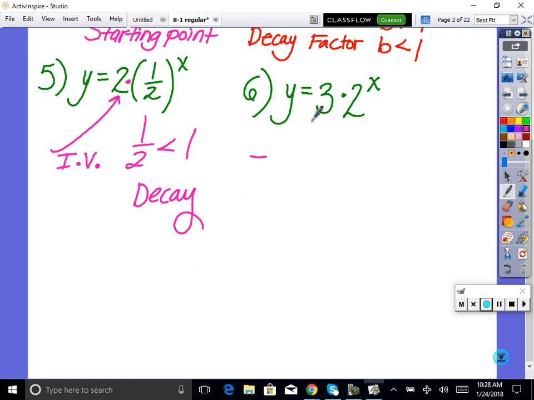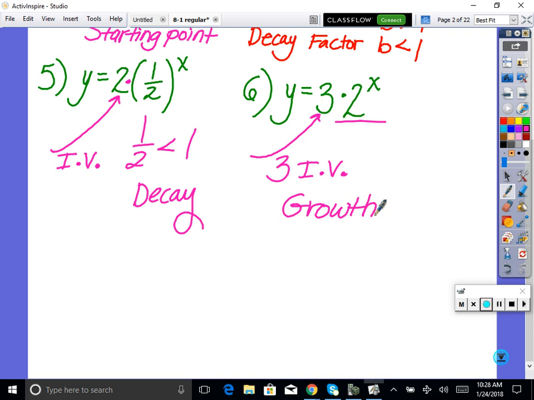So my initial value is 3. Now, I need you to understand something. The initial value will not affect your growth or decay factor whatsoever, okay? So our initial value here is 3. Our starting point's 3, and then we're timesing by 2. Won't it get larger and larger? Makes sense. It's growth. You're awesome.